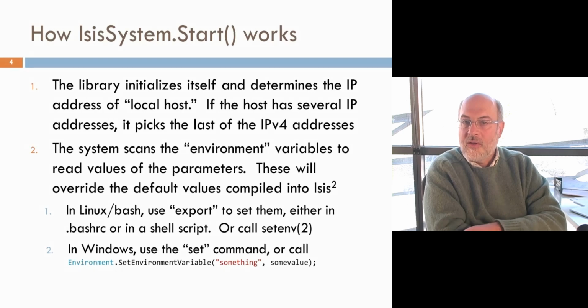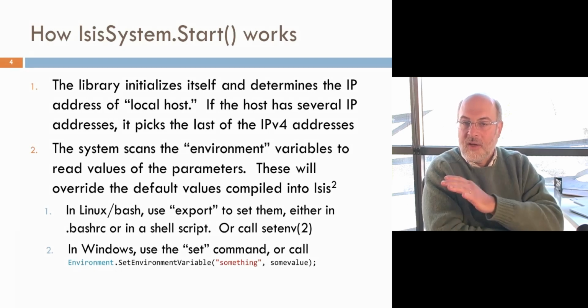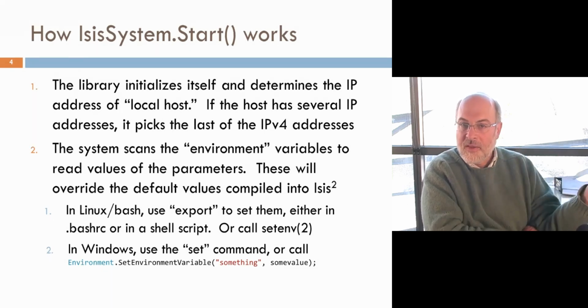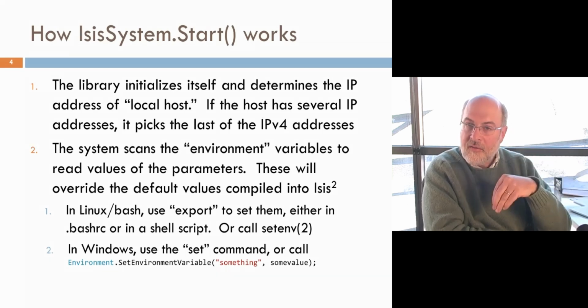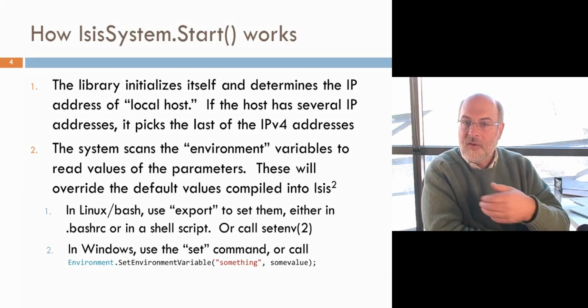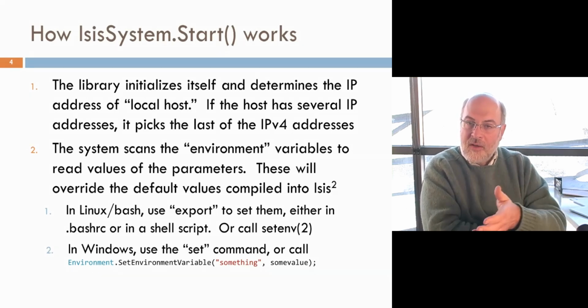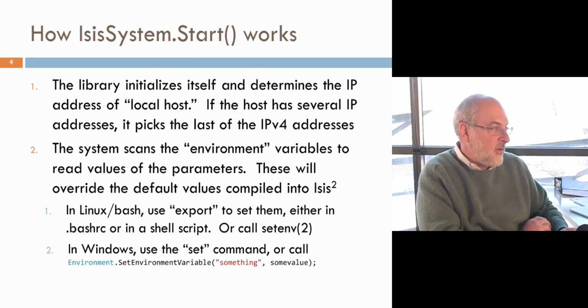Similarly, in Windows, you can say set parameter equals value right before you launch a program. And when you do that, that parameter that you've set a value to becomes part of what's called the environment. And ISIS scans the environment looking for environment variables that have values that it's worried about. And so if you modify these environment variables by giving them values, you can control the behavior of the system.